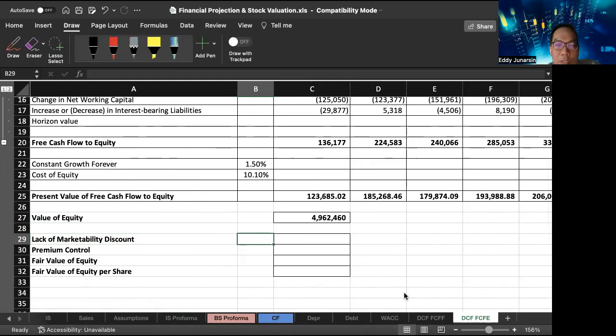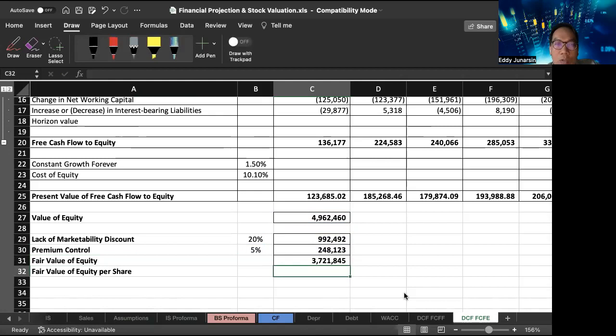Okay, marketability discount, let's say 20%. Control premium discount, say 5. And the fair value of equity would be this one reduced by these two.